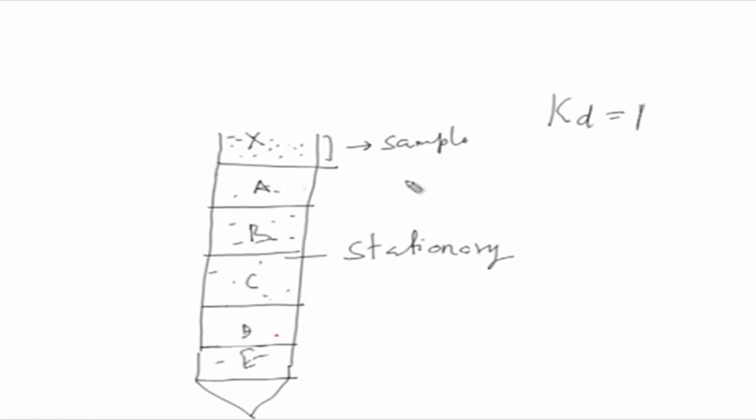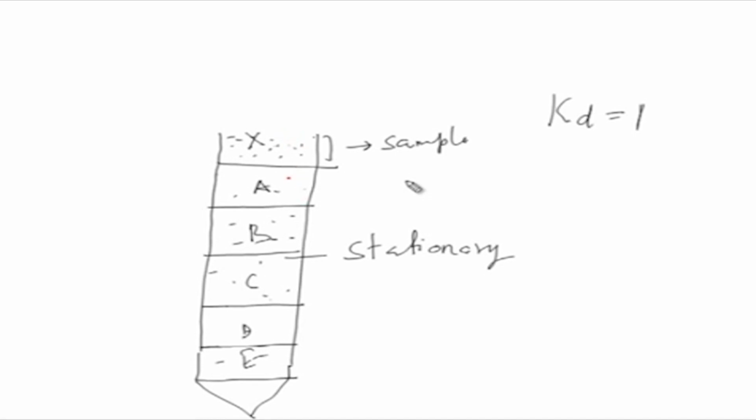As X amount of substance in the mobile phase enters this area, we have taken equal areas, and as it reaches here, the X will be distributed equally between the two phases, that is, the stationary phase in area A and the mobile phase.